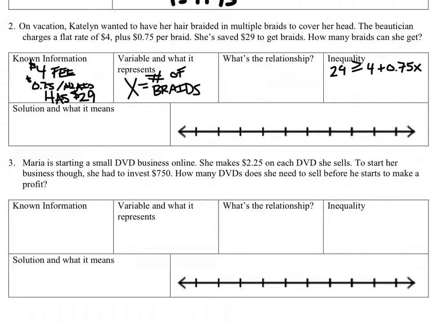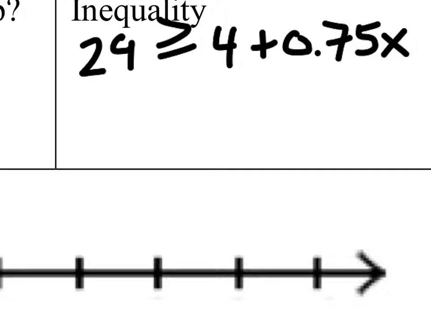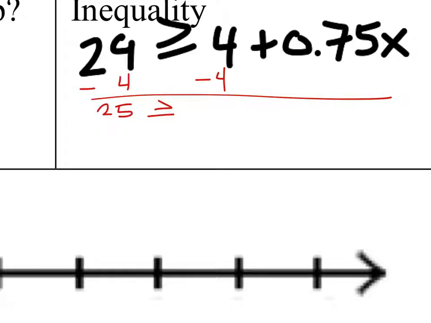Let's go and solve that. So for this inequality, we would need to subtract 4 from both sides. So I got 25 is greater than or equal to 0.75x. And then I would divide both sides by 0.75.